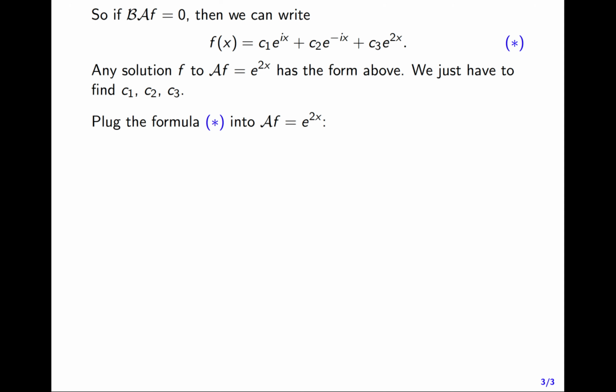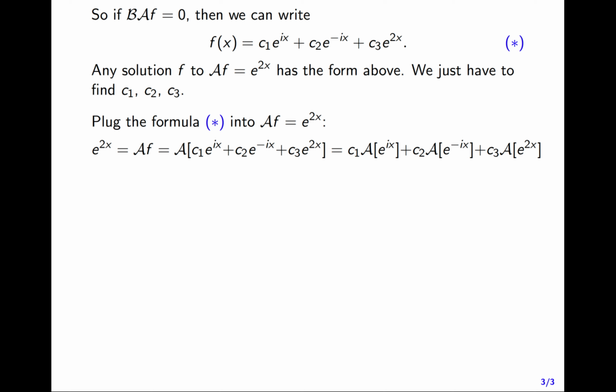So what do we do? The only thing we know that this form star for f does is it has to satisfy af equals e to the 2x. So let's plug star into our original differential equation. We get e to the 2x has to be equal to a on f, which has to be equal to a on c1 e to the ix, plus c2 e to the minus ix, plus c3 e to the 2x.